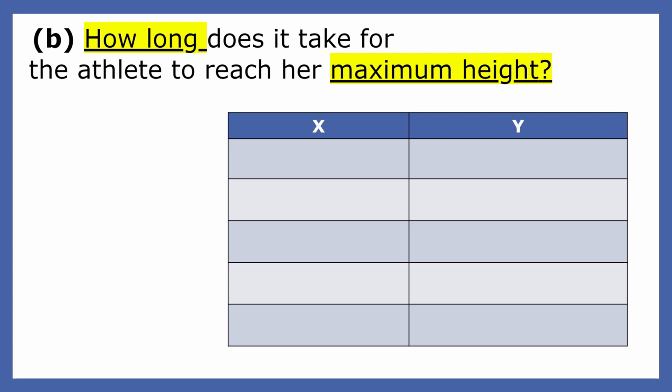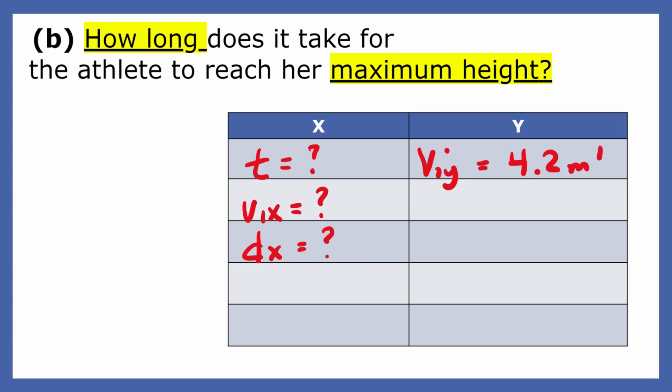All right, here's the deal. The key to solving projectile motion problems is to separate the vertical information you've been given from the horizontal. In the previous problem, we found out that the initial vertical velocity was 4.2 meters per second, so we can put that on the y side. The athlete did her jump on the earth, so the vertical force of gravity gives her a vertical acceleration of negative 9.8 meters per second squared.